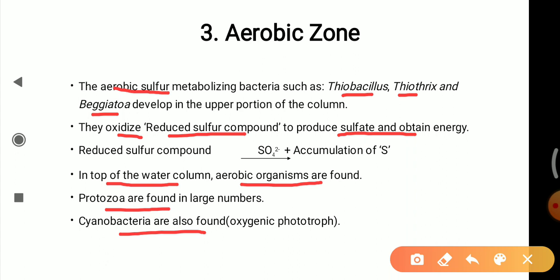The things that we have to remember in the Winogradsky column: first, we have seen the introduction part. The scientist who developed this is Sergei Winogradsky, the founder of soil microbiology. To construct the Winogradsky column, we require a clean glass cylinder.